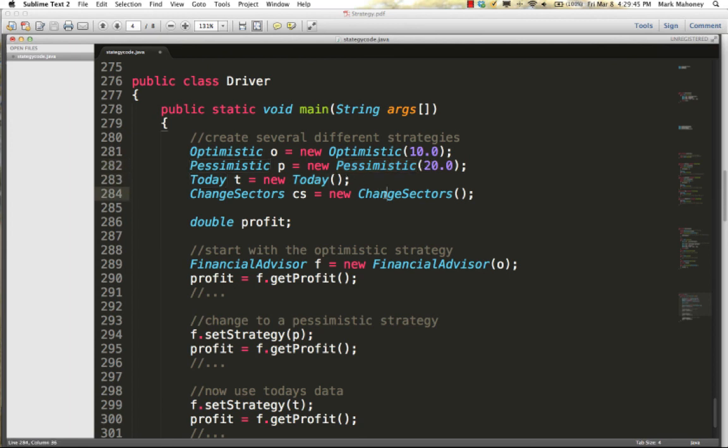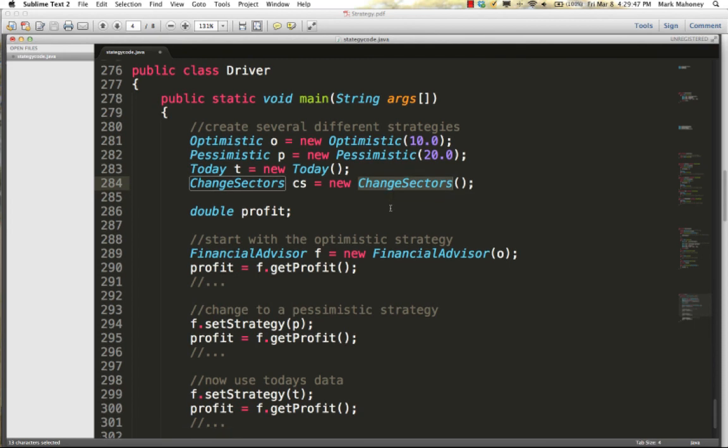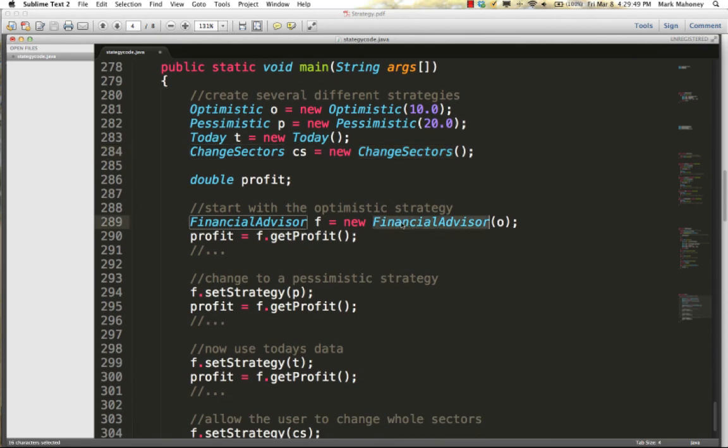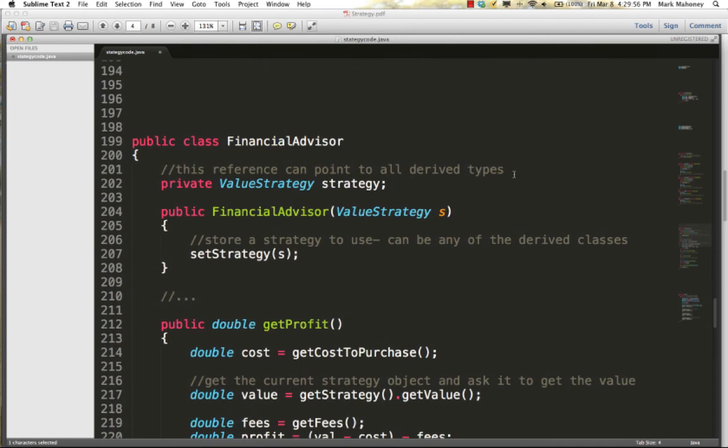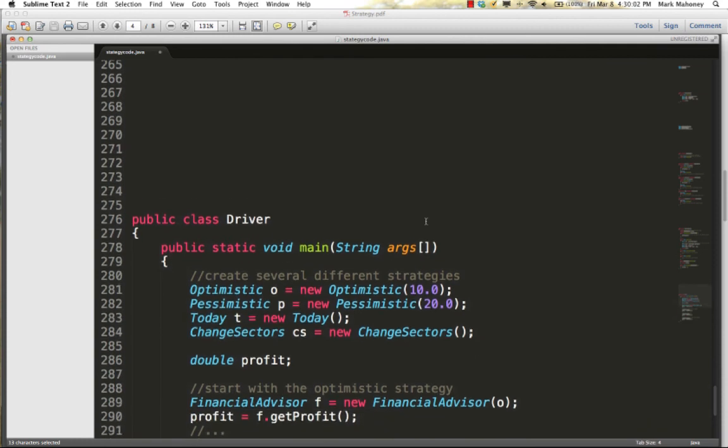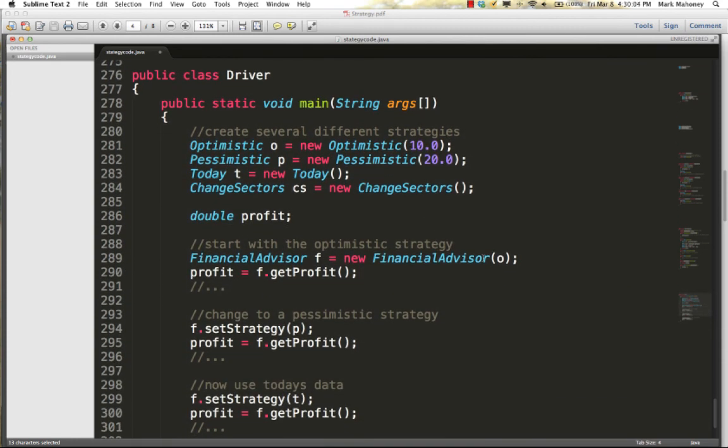Today is a strategy. ChangeSectors is a strategy. Then we create a new FinancialAdvisor object, and we pass in one of the strategies. Remember, that was in the constructor. This is just the first strategy. We'll see in a second that we can change strategies on the fly. So we're starting out with the Optimistic strategy.